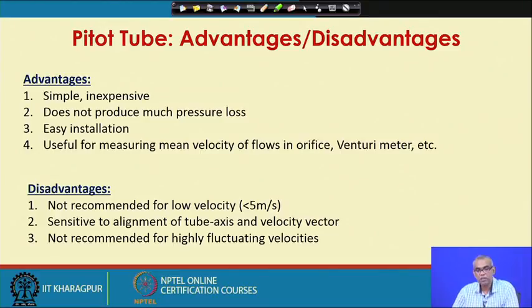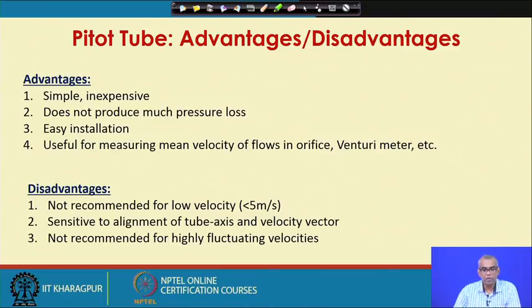Here are some advantages and disadvantages of Pitot tube. Pitot tube is simple, inexpensive, does not produce much pressure loss, and it has easy installation. Pitot tube is also useful for measuring mean velocity of flows in orifice, venturimeter, etc. The disadvantages are as follows.